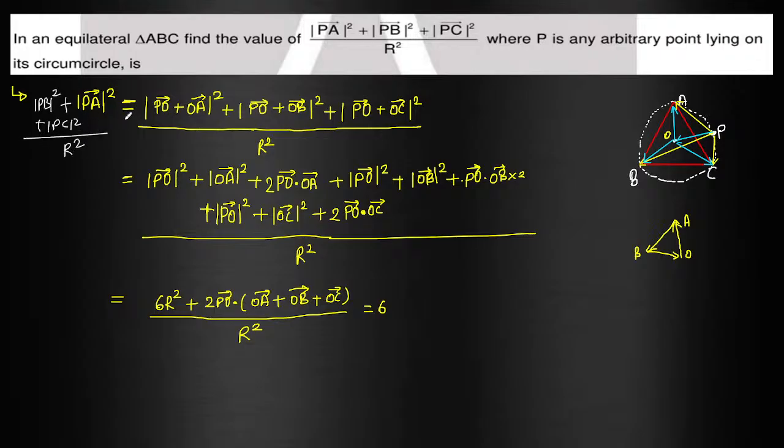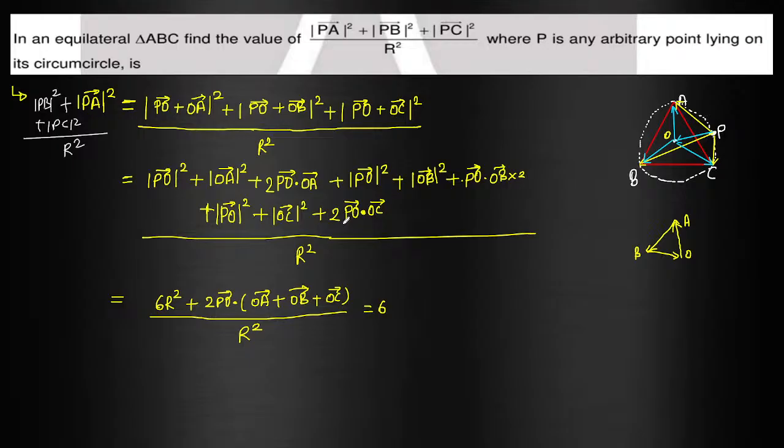If we calculate the whole thing, PA is nothing but PO plus OA. PB is nothing but PO plus OB. PO plus OC whole square is a square plus b square plus 2ab, a square plus b square plus 2ab, a square plus b square plus 2ab. So this will come out to be 6r square, and in this if we take 2 PO common, it is OA vector plus OB vector plus OC vector.